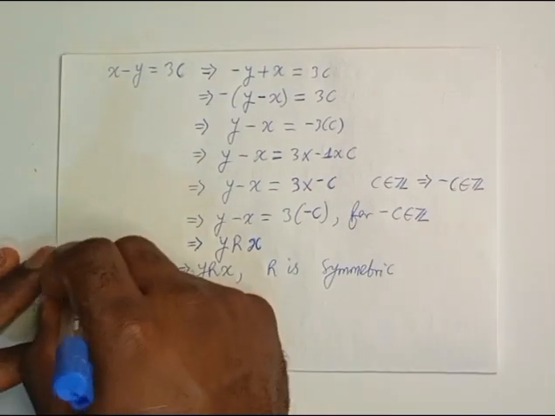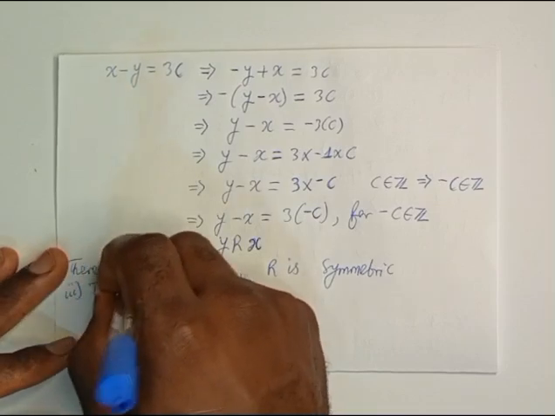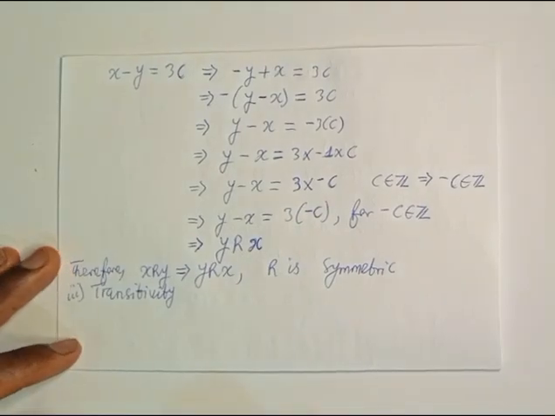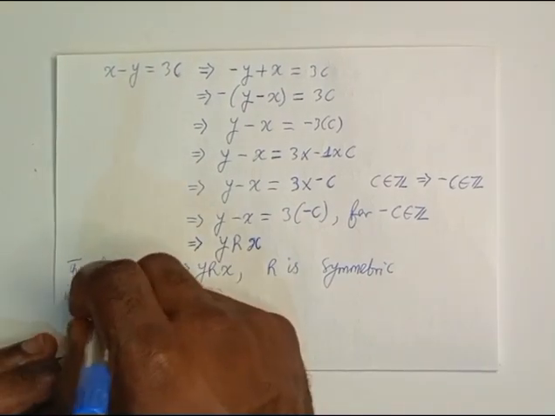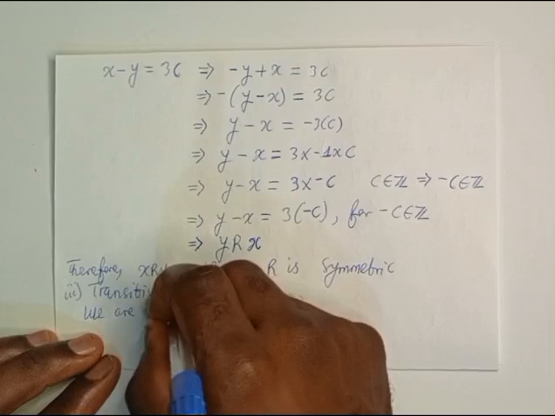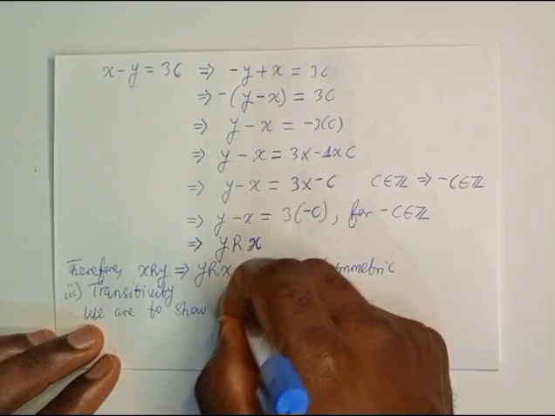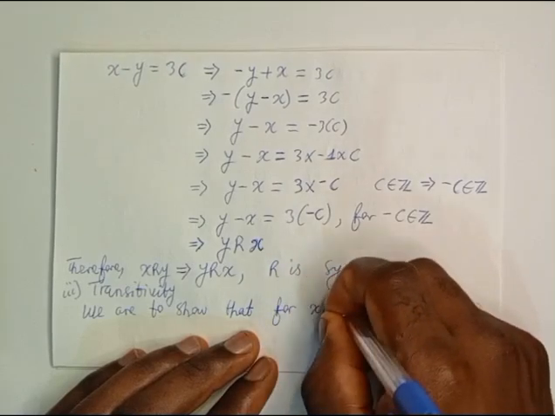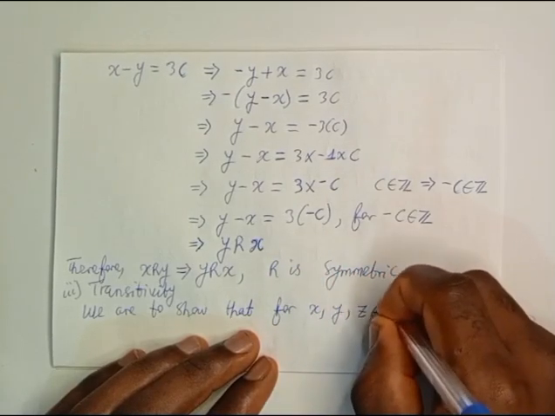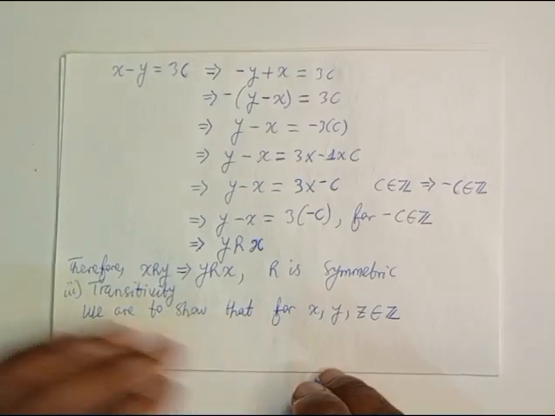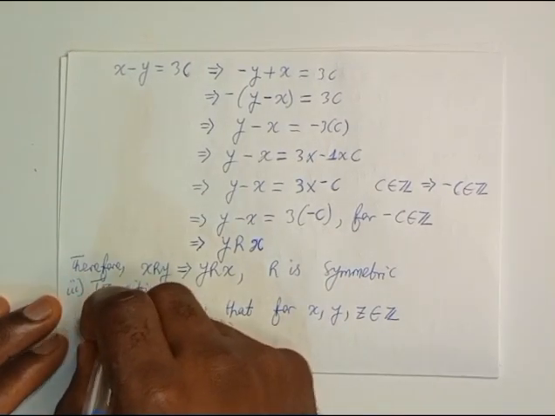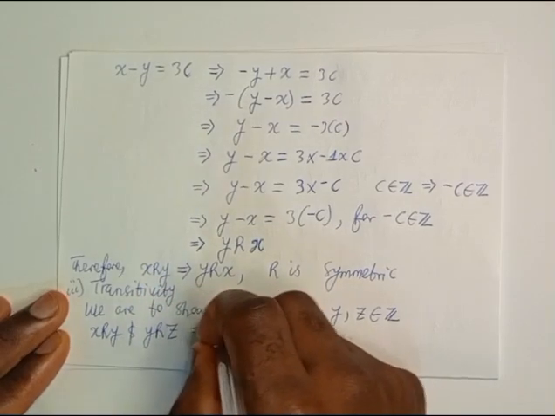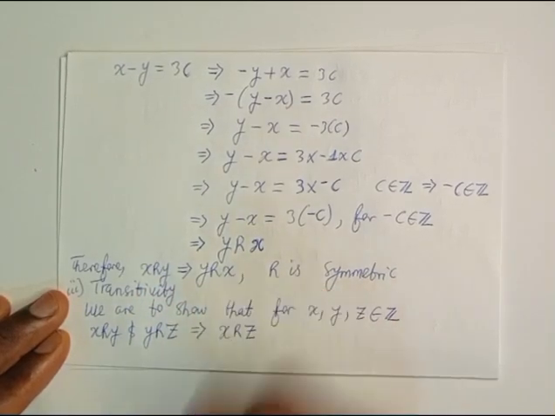We have to prove the third property, which is transitivity. Here we have to show that for x, y, z belonging to the set of integers, x related to y and y related to z will imply that x is related to z.